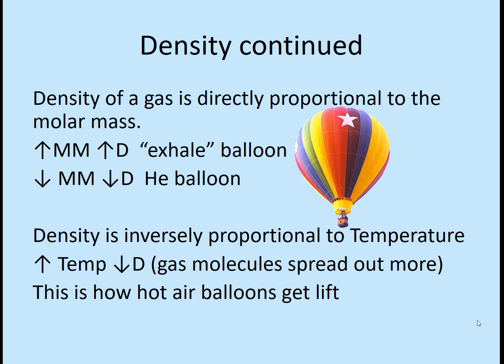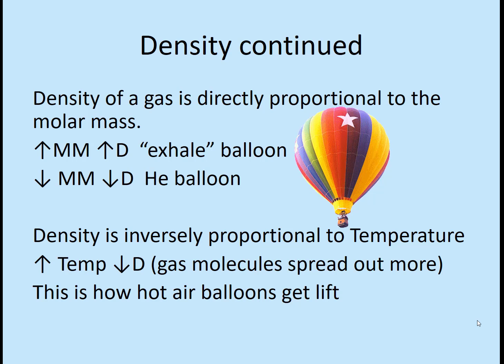However, a helium balloon, its molar mass is very, very low. Because of this, it has a density less than air, so it will float on the air. And so this means if you let a balloon go, it will just go up into the sky because it just keeps floating on the air. So density is inversely proportional to temperature also. This is what gives hot air balloons lift.